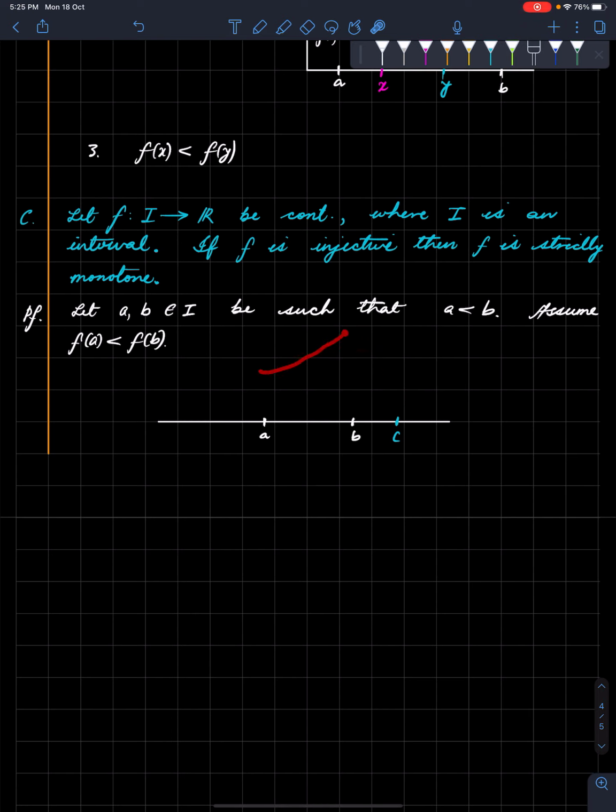But since it is already strictly increasing here, it cannot be strictly decreasing in this part, because we also know that it is strictly monotone in this interval, right? Because this is also a closed interval contained in the domain of f. So it is strictly monotone here, and by this assumption it is strictly increasing here. So it is strictly increasing through and through.